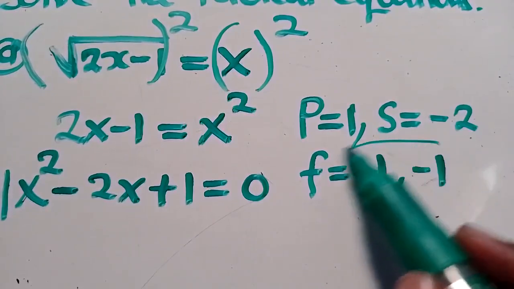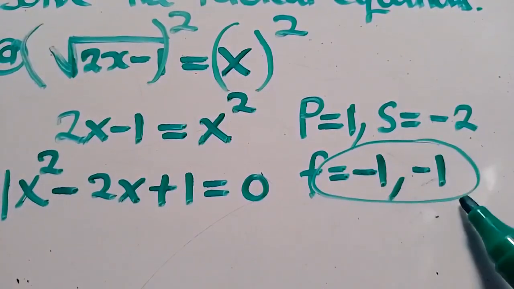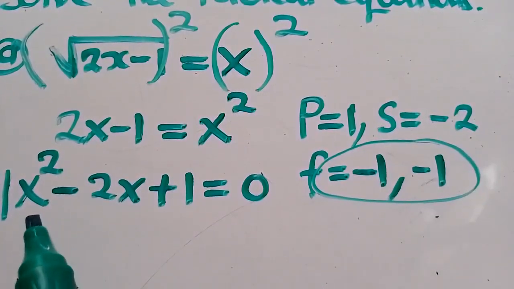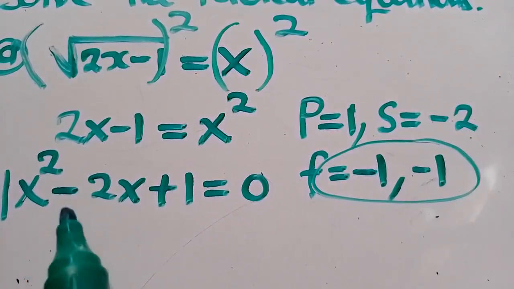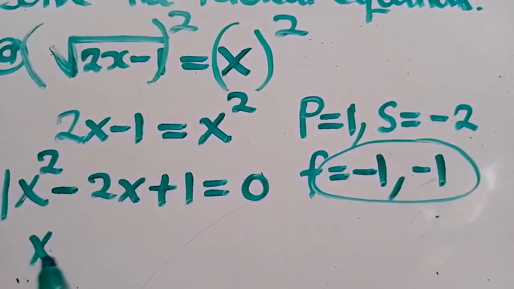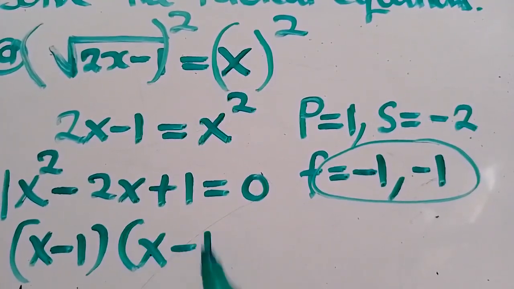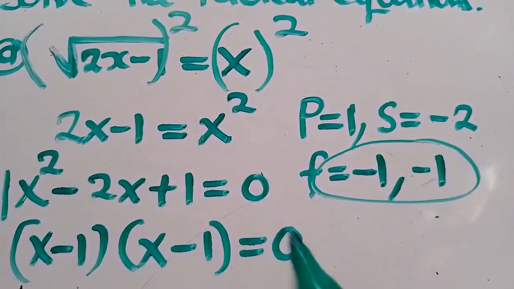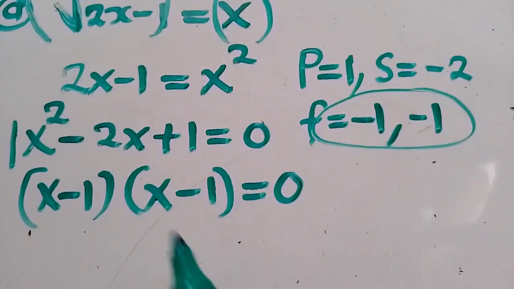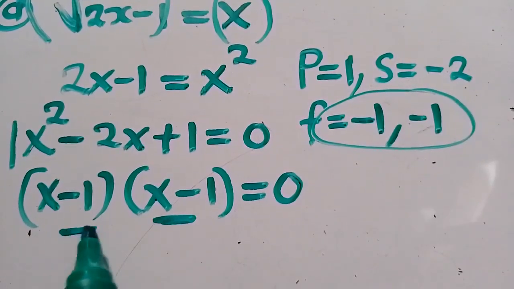So since you've gotten these, -1 and -1, as long as the coefficient is 1 here, you just need to go direct. You say x minus 1, x minus 1, which is equal to 0. As you can see, there is x minus 1 and x minus 1, so we are just going to get one answer.